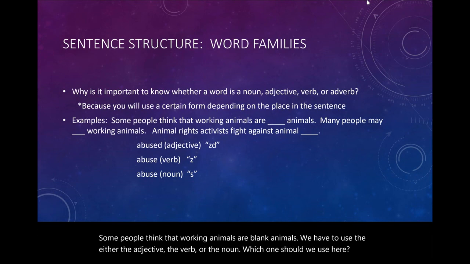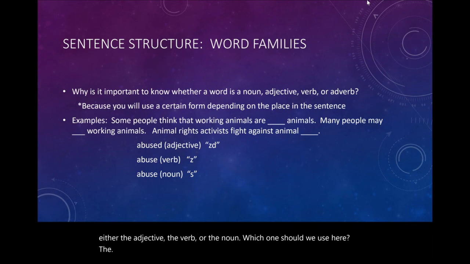I think it's abuse, teacher, with ed at the end. Okay, why? Why do you think it should be the adjective? And it's an adjective because some people think that working animals are useless. It just sounds good?